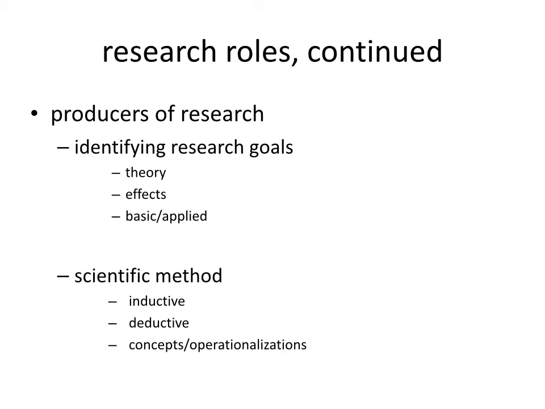For example, theory-based research typically leads to experimentation rather than more descriptive kinds of research. Typically requires samples of people who are similar to one another rather than different from one another, and often requires more sophisticated forms of analysis with lots of control measures.